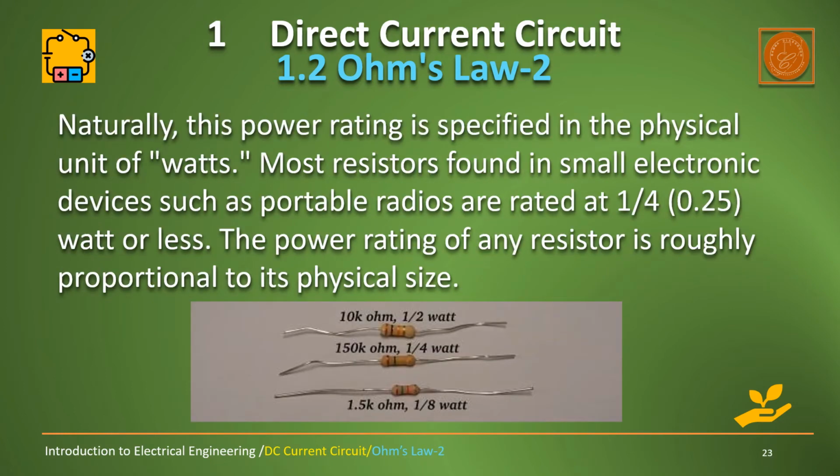Naturally, this power rating is specified in the physical unit of watts. Most resistors found in small electronic devices, such as portable radios, are rated at a quarter watt or less. The power rating of any resistor is roughly proportional to its physical size.